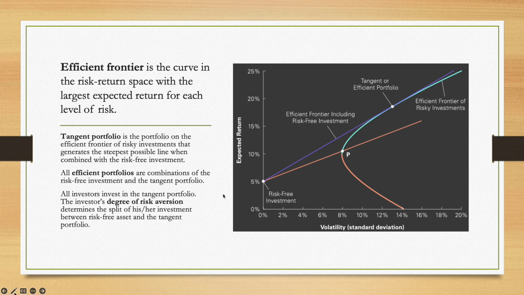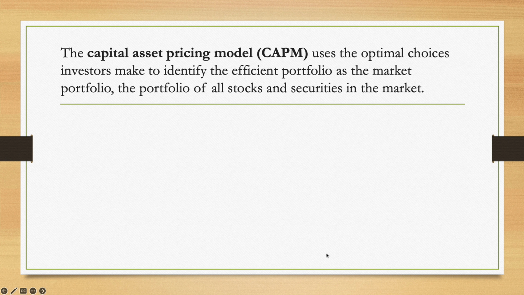So all investors invest in the tangent portfolio. It means that the investor's degree of risk aversion determines the split of his or her investment between the risk-free asset and the tangent portfolio. The capital asset pricing model uses the optimal choices investors make to identify the efficient portfolio as the market portfolio, the portfolio of all stocks and securities in the market.